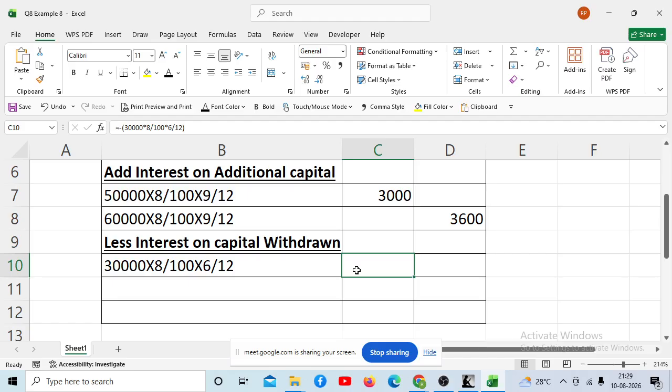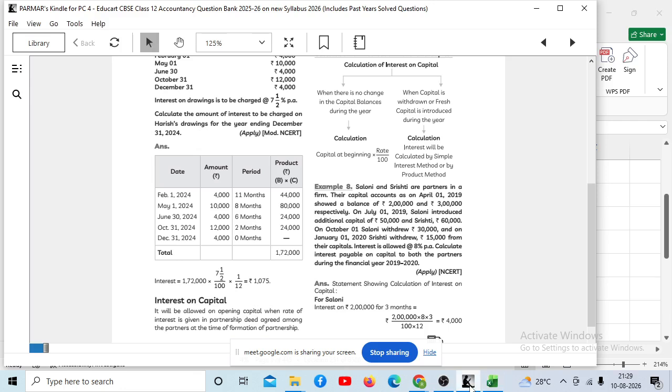1,200. Okay. And since it is to be subtracted, you write it in brackets. Bracket indicates that it is to be subtracted. Now similarly, we will find out for the second partner. On 1st January 2020, Shrishti withdrew 15,000. So on 15,000 we will calculate 8%, for January 1st onwards.